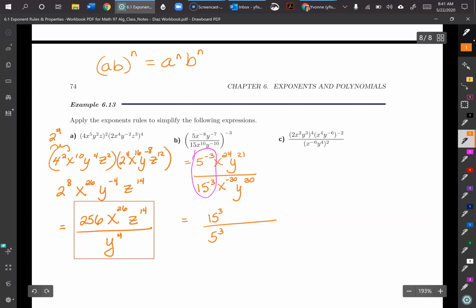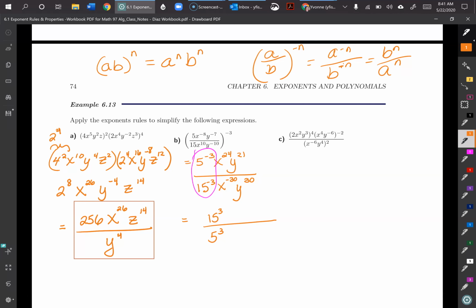Again, we're using A over B, let's look up at the top of the page, to the negative n. Same as A to the negative n over B to the negative n, really is what I'm doing, and then that would be B to the n over A to the n. So I just can switch those.